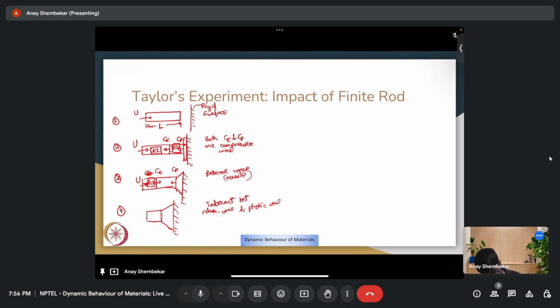This will lead to stress becoming zero, which in turn would lead to the end of deformation.